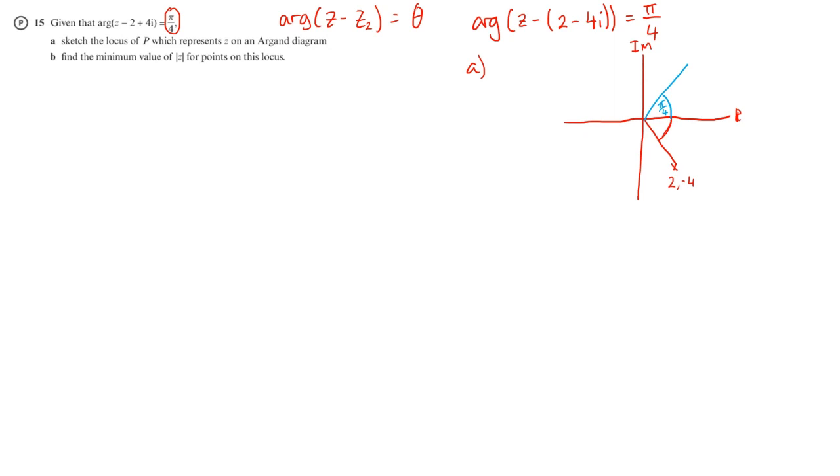Let me just check that I've done this right. You have the minus, get 2 minus 4. It looks right. Well, I'm going to carry on.